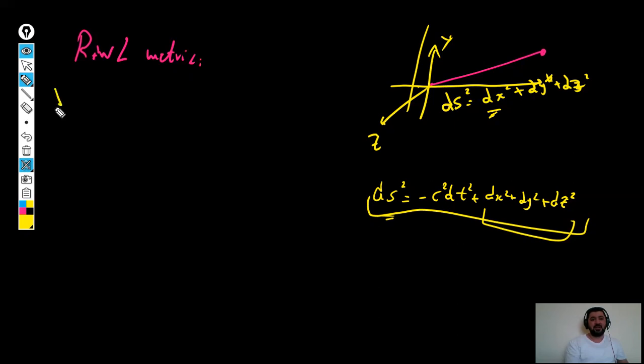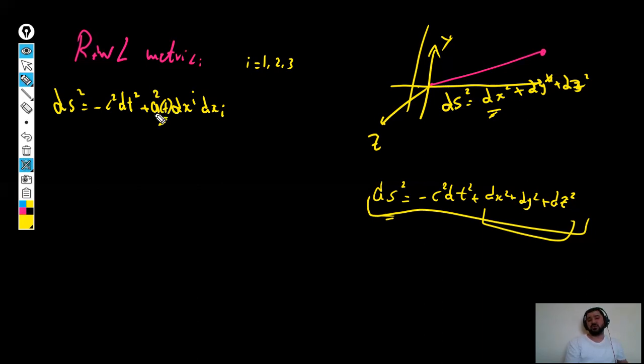So if we write ds squared as negative c squared dt squared, then plus dx^i dx^i, where i stands for 1, 2, 3, x, y, z. Then here we need to add something to represent the expansion of the universe. This expansion is represented by a(t), where a(t) squared is, of course, multiplied for each one of the coordinates.